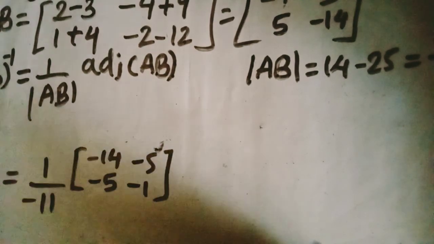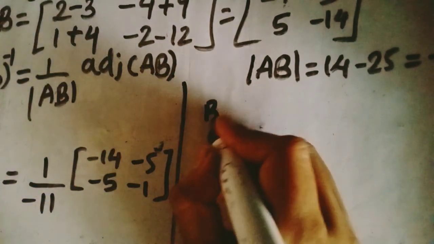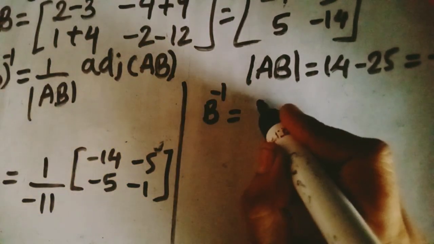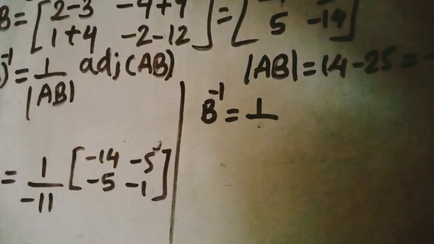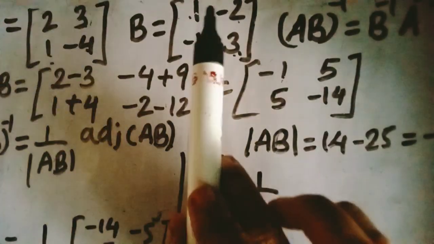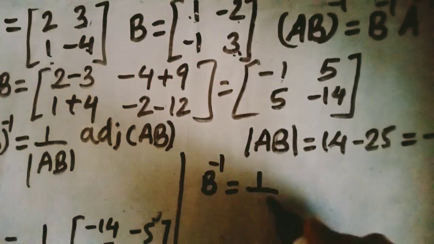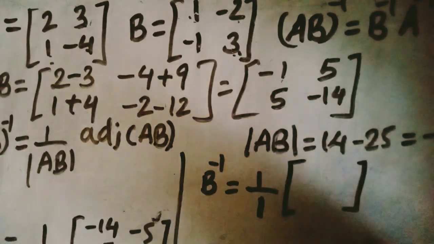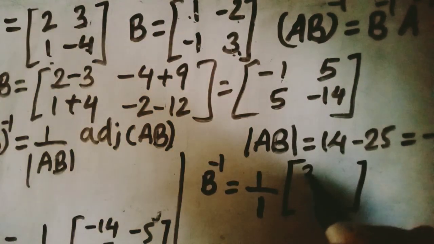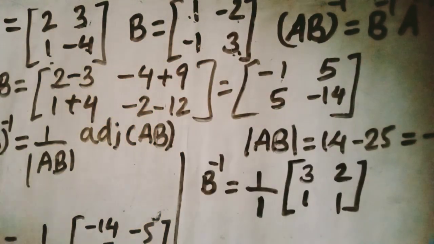Now you find out B inverse and A inverse. So B inverse will be 1 upon determinant of B. Determinant of B is 1 into 3, 3, 3 minus 2, that is 1. Then the adjoint will be 3, 1, 1, 2.